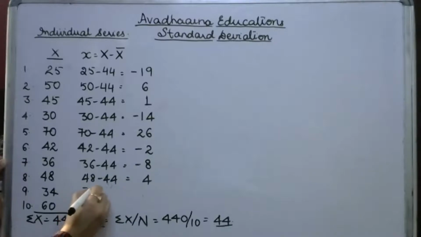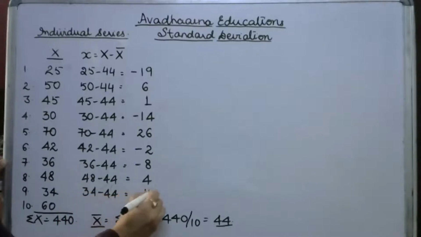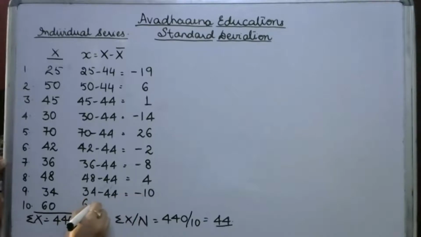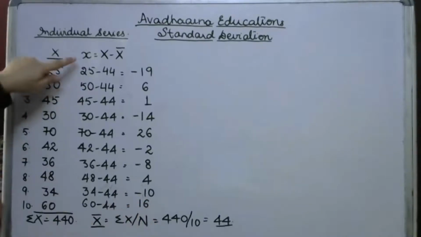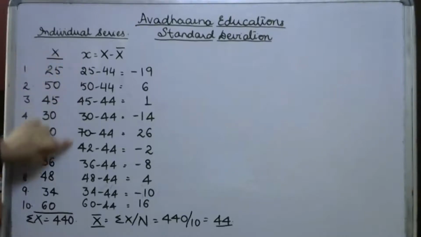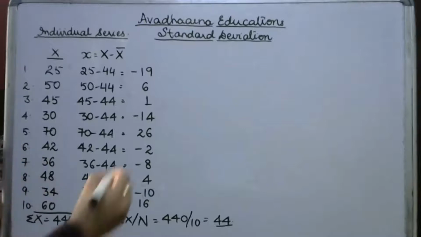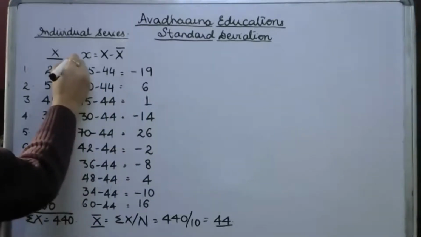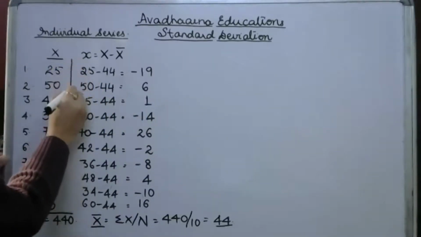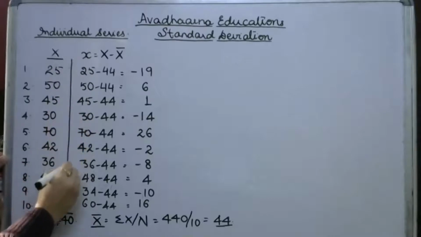And 34 minus 44 is equal to minus 10. And 60 minus 44 is equal to 16. Now this is your small x, that is the deviations from mean. Then next step is to calculate the deviation square.